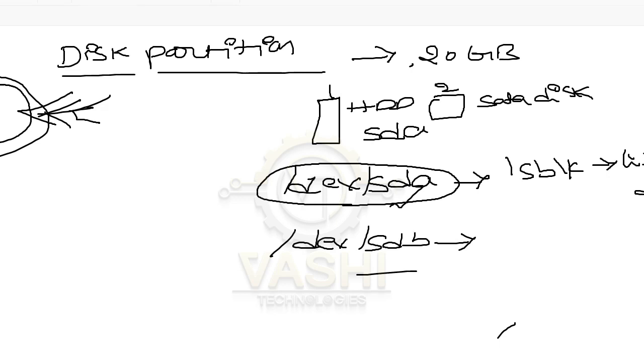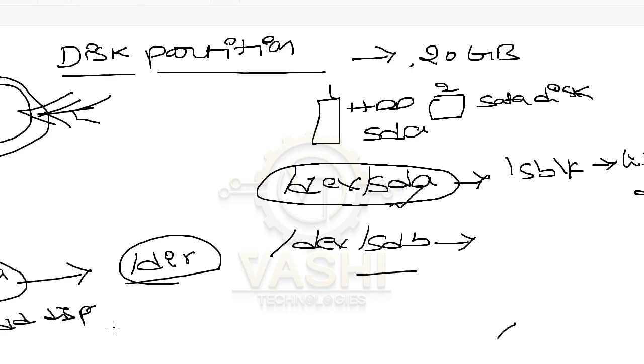This 20 GB SDA is the hard disk, and the hard disk space is attached to a directory. Attach it to a directory. So this is the 20 GB space.